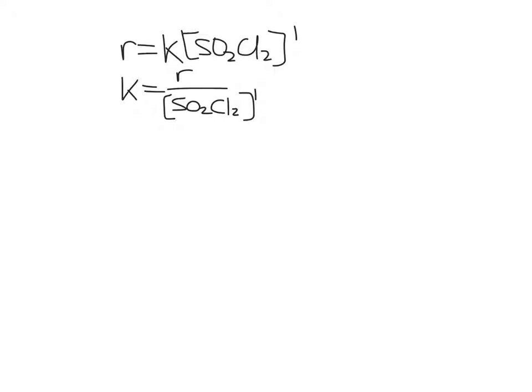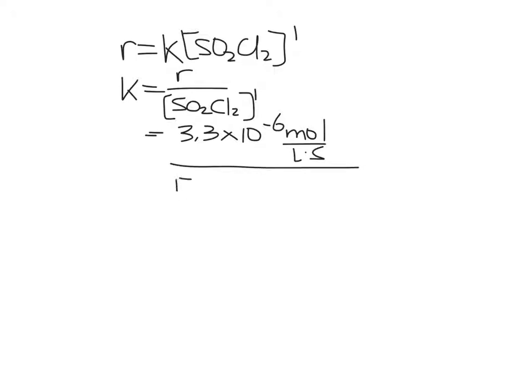So let's just pick run 1. So substitute in all the values from run 1. So 3.3 times 10 to the negative 6 mole per liter per second divided by 0.15 mole per liter to the exponent 1.